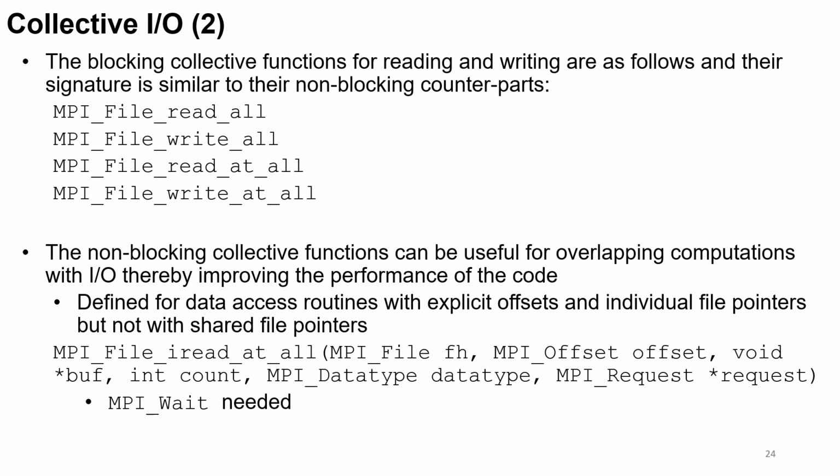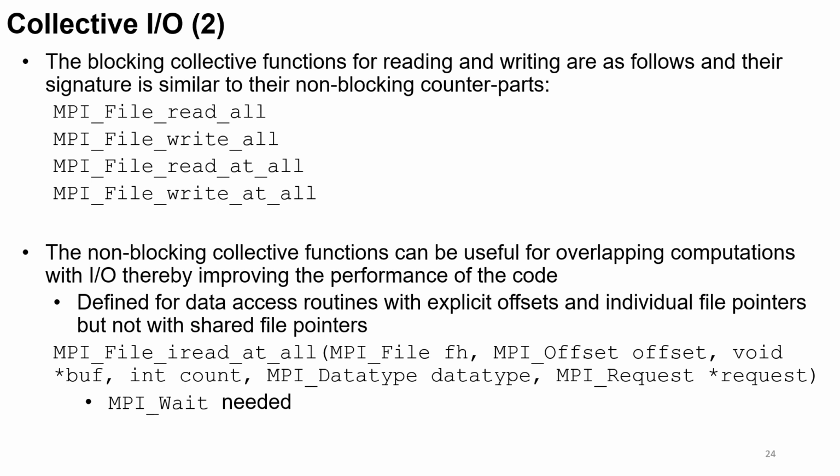So all these calls end with underscore all. The calls here that have underscore at in them are the ones that use explicit byte offsets, and other calls which do not have underscore at in them are going to be using individual file pointers.